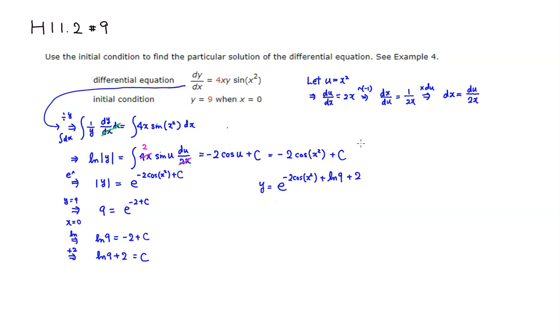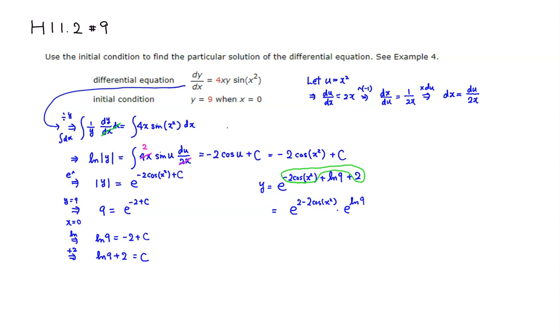We can make it look a little bit better by grouping those together: e to the 2 minus 2 cosine of x squared, times e to the natural log of 9.